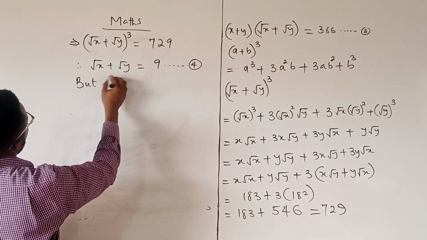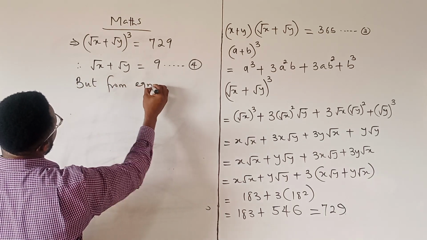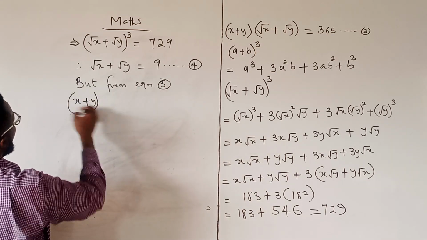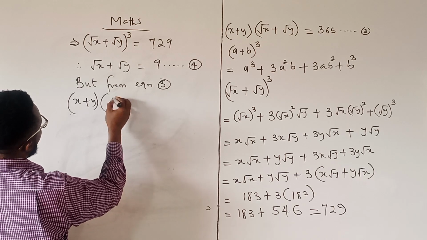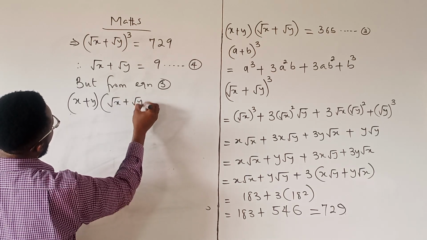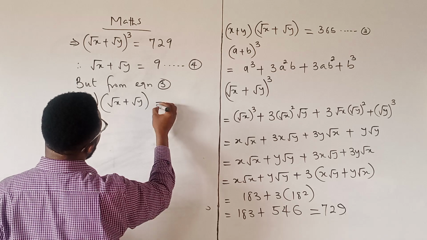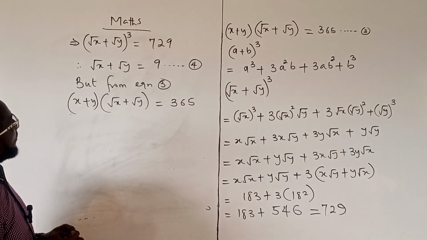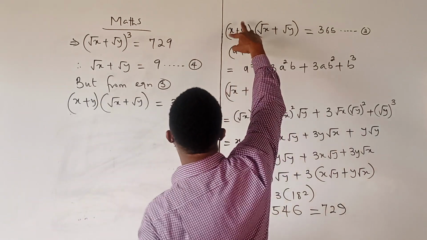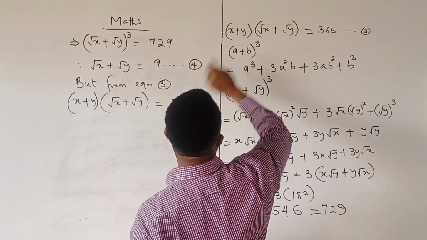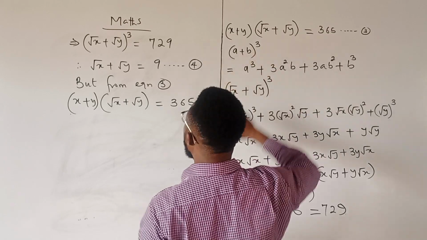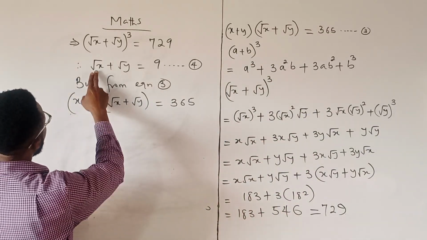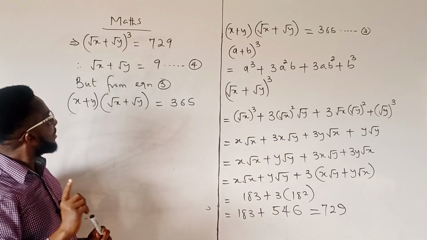But from equation 3, we have x plus y in one parenthesis, rad x plus rad y in another parenthesis, everything equal to 365. If you look carefully here, our target is x plus y, and in this second parenthesis from equation 4, rad x plus rad y equal to 9.